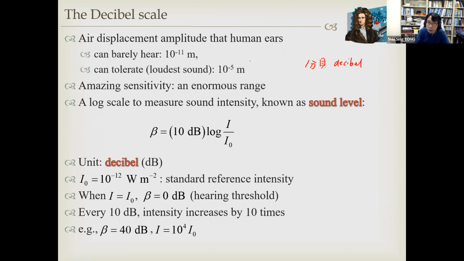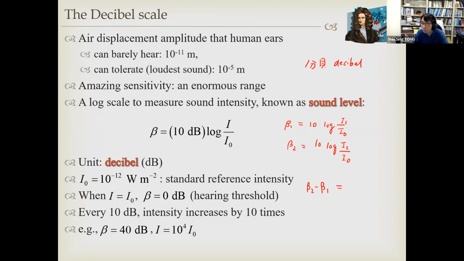Now, if you consider two sounds of beta 1 and beta 2, they correspond to the intensities I1 and I2 respectively. If the sound level difference between the two is, say, 10 decibel, then how much will be the difference in the sound intensity?